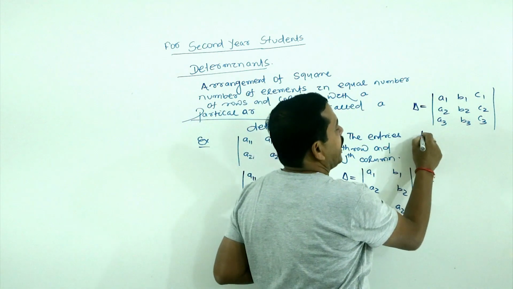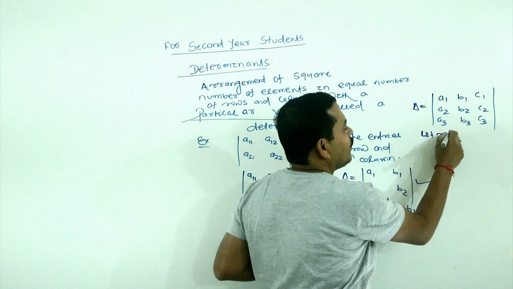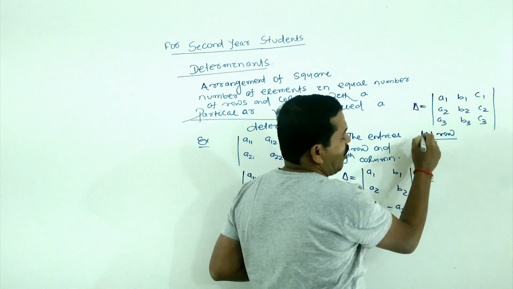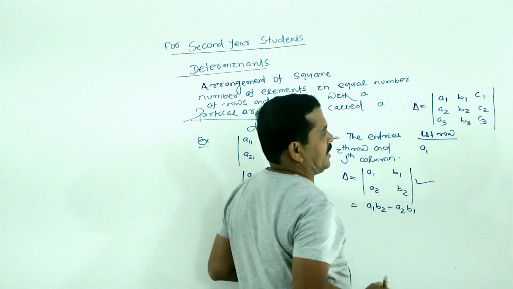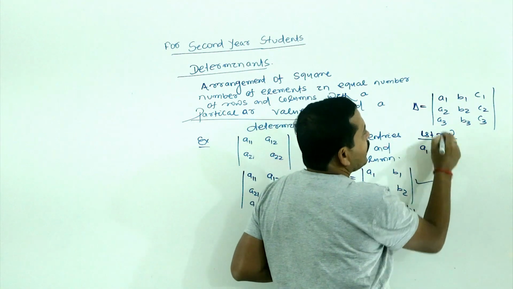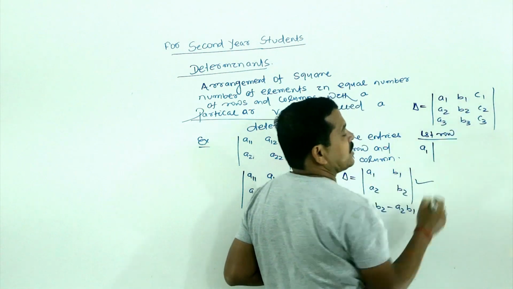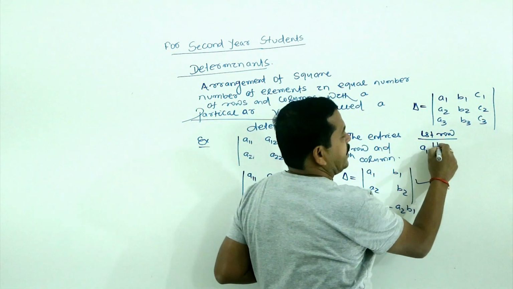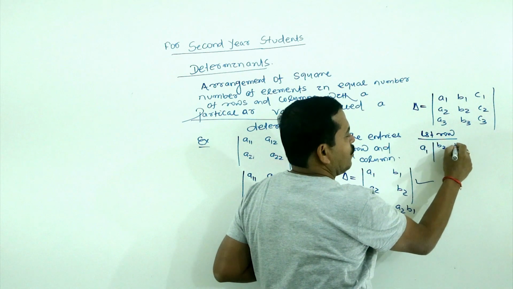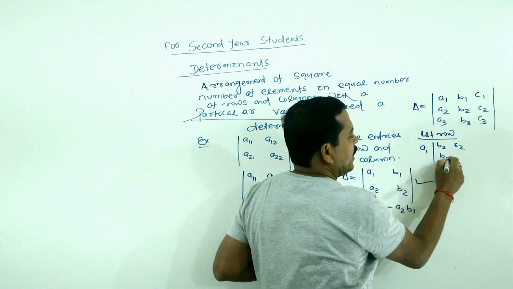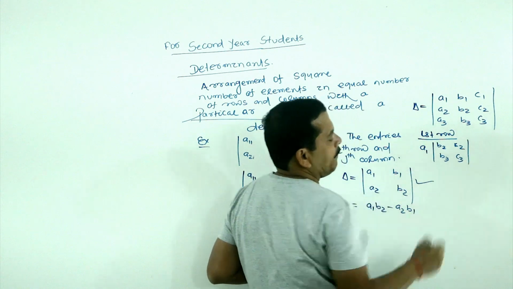Suppose we expand it about the first row. We can expand it as A1, and we have to delete this row and this column. Then we will get a second order determinant B2, C2, B3, C3.